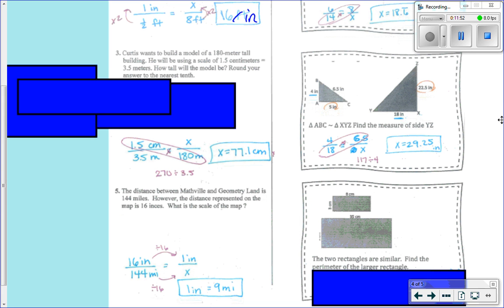Side YZ is 29.25 inches. Do we need to look at that one? Yes. Okay. So we have triangle ABC is similar to triangle XYZ. Find the measure of side YZ. Where's YZ? Right here. So YZ corresponds to BC. Okay. So we have 6.5 represents X. Okay. And then we can use any side length they chose.